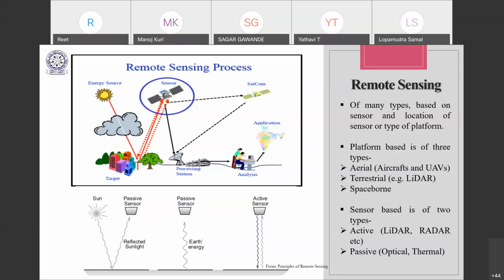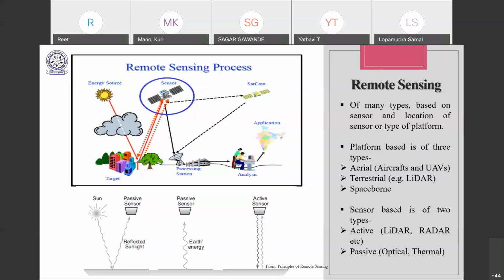Then we have to radiometrically correct the data and geometrically correct it. This is true for both microwave and optical data. Then we can use the images for enhancement. We can enhance the image, or we can perform different types of analysis, and then we can perform classification or any other activity with the images to get the information that we want.